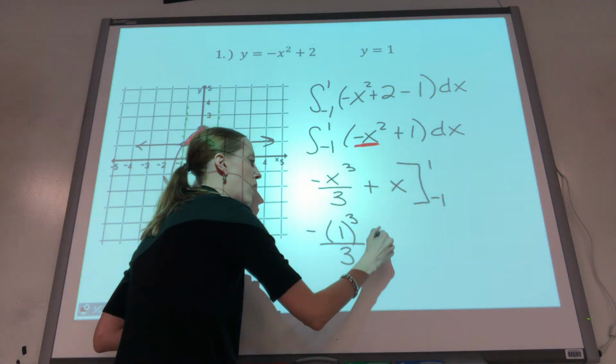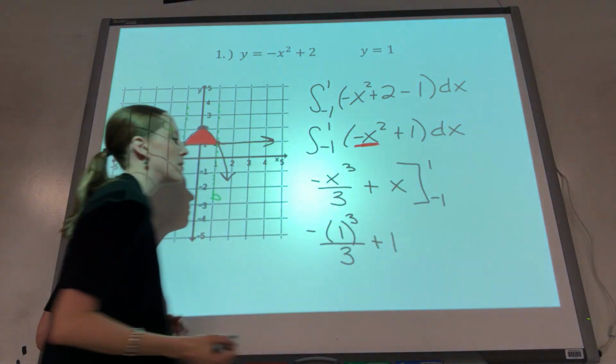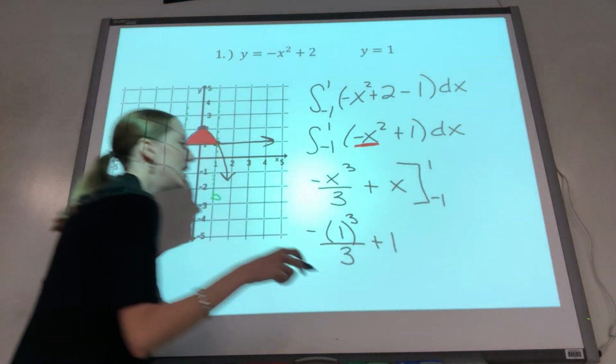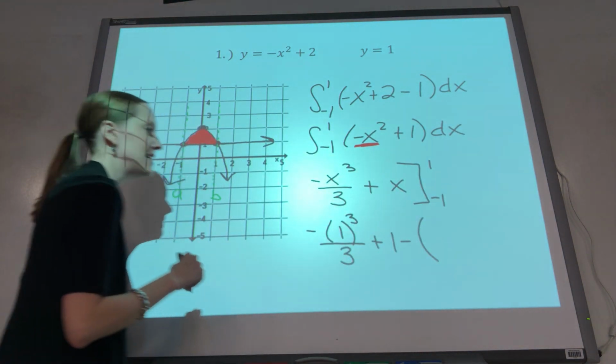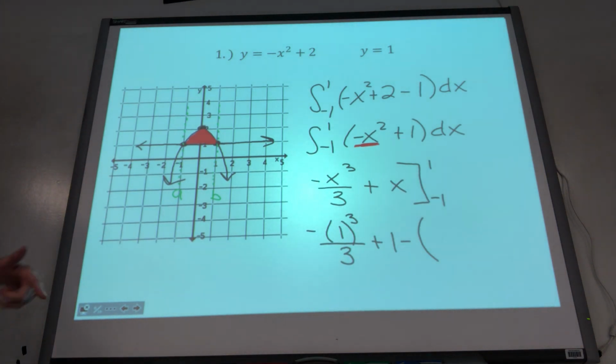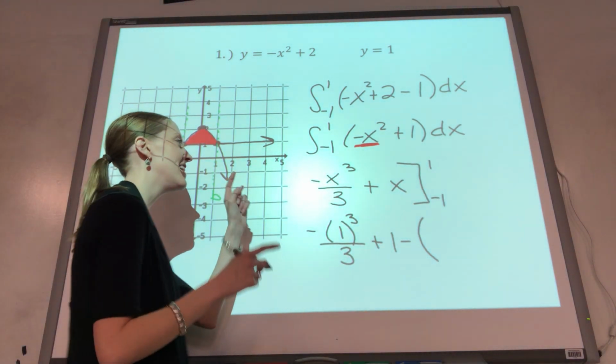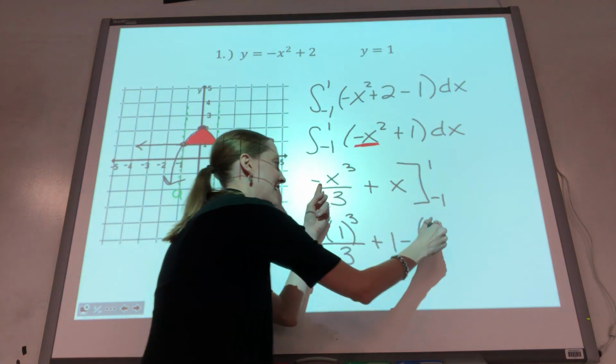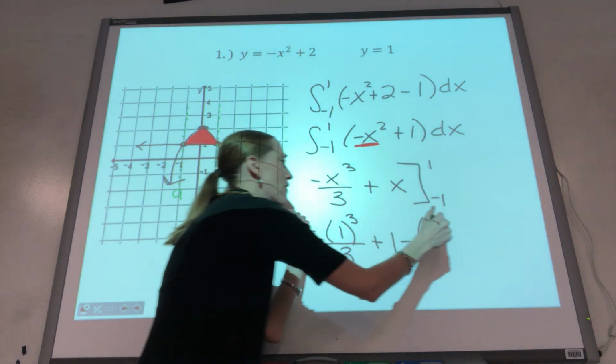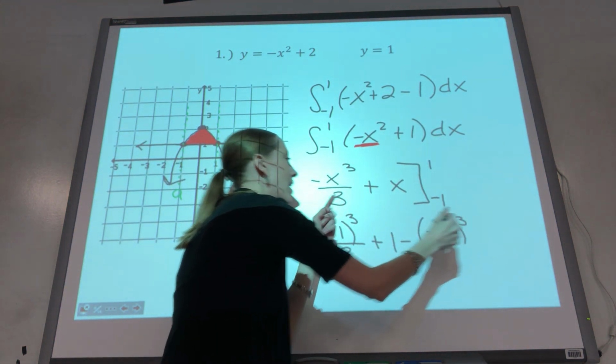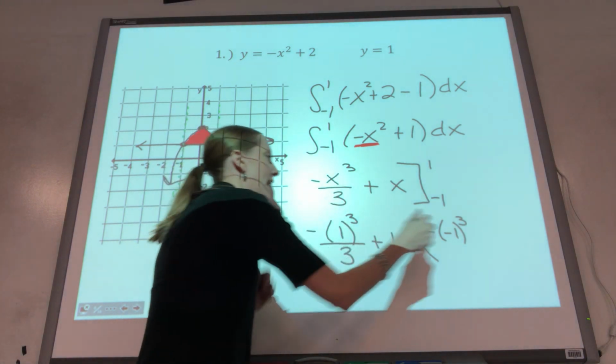Now, plugging in a 1 right here, it's just going to be +1. Now, subtract what you get when you plug in the -1. So that negative stays out front while you plug in the -1 for x.